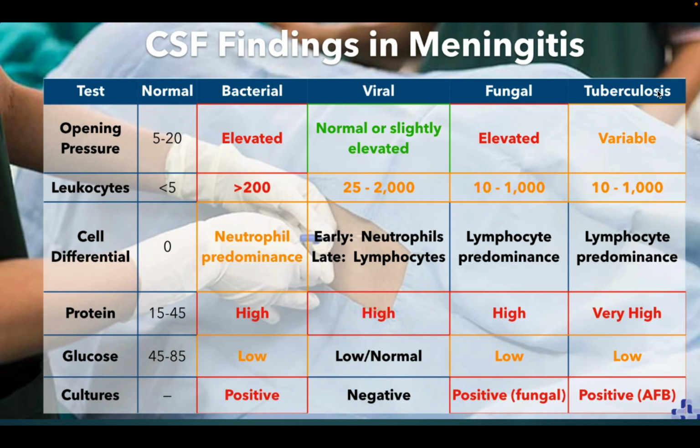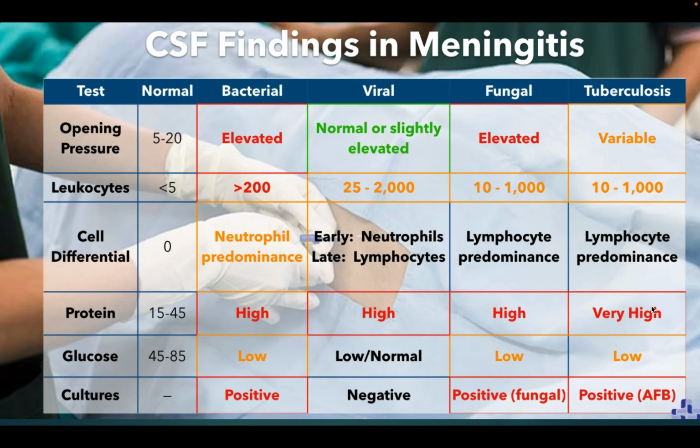As far as tuberculosis, especially in India, we cannot forget tuberculosis, and it can be a common cause of meningitis, especially in our part of the world, the third world countries or Asia. Opening pressure can be variable. You can see leukocytes again in the earlier stages, or the cells can be between 10 to 1000, and again it could be lymphocyte predominance.